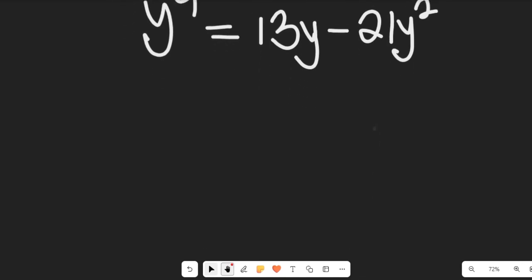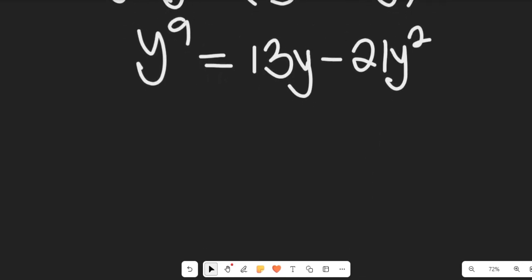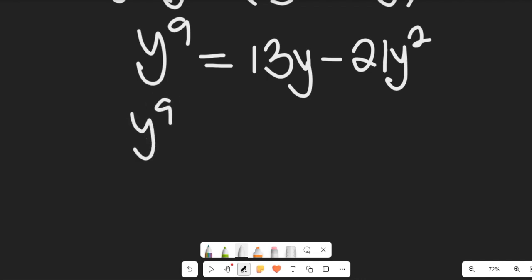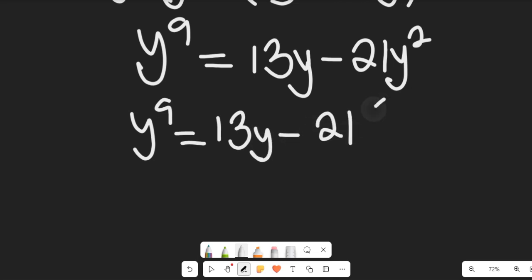Now, do you see that? Now we have a certain expression. Remember, we have a value for y squared, and that value for y squared is 1 minus y. So we're going to have y to the power of 9 equal to 13y minus 21 multiplied by 1 minus y.